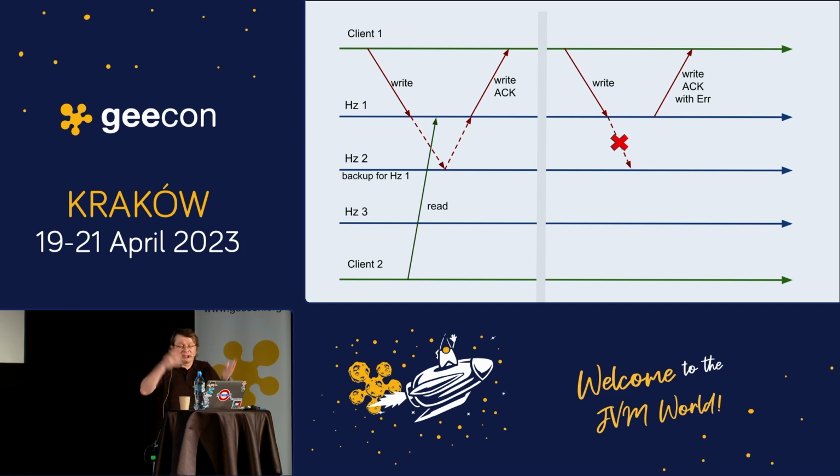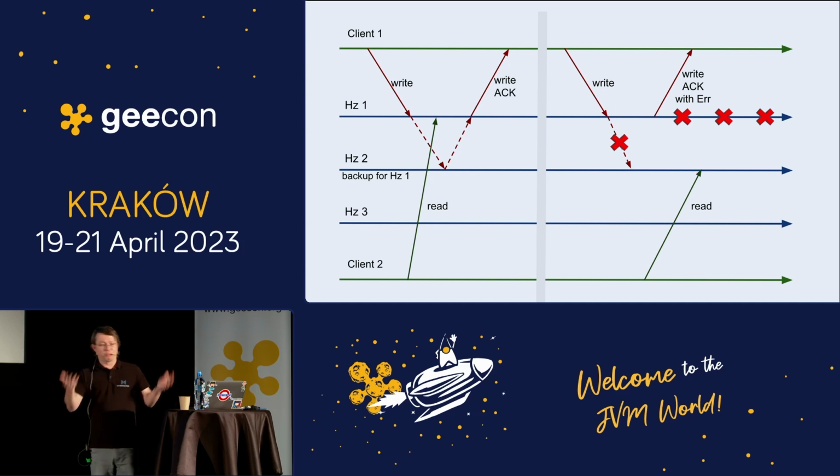But the fact is that the data from Hazelcast node 1 will not be replicated to Hazelcast node 2. If after this Hazelcast node 1 fails, the client will be redirected to the backup node, but there will be no data. So in a similar situation, we'll have problems.